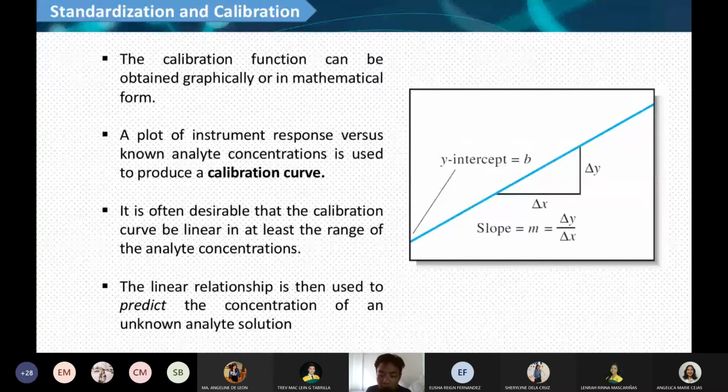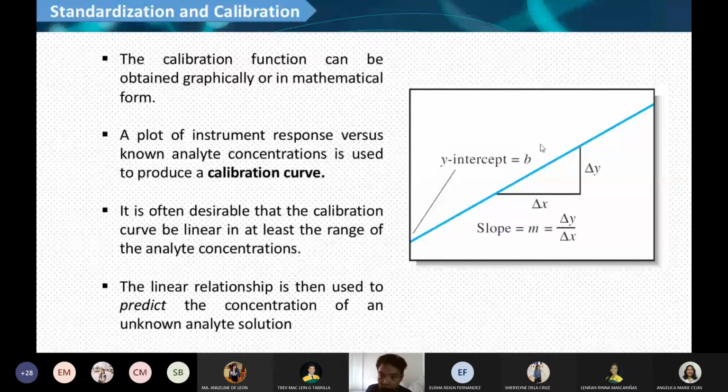Okay, so again, our calibration curve, ito yun, that is an equation in which the plot of the instrument response versus the concentration of your analyte is shown na. And then, since ito ay equation of line, we can use the different properties of line such as the slope, the intercept. Ano ba yung sinabi ko?